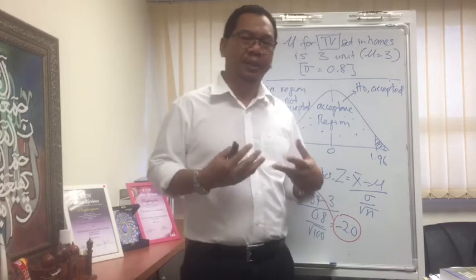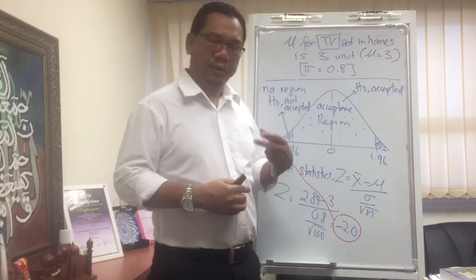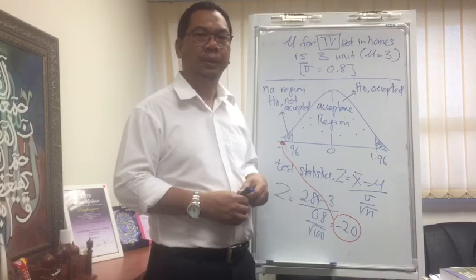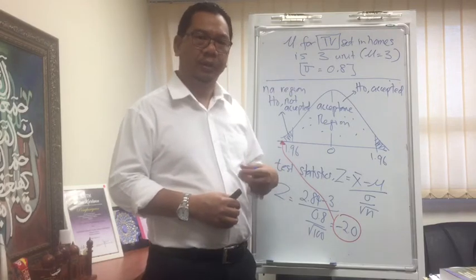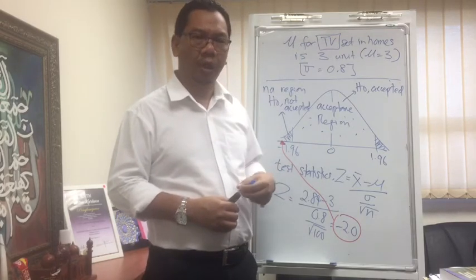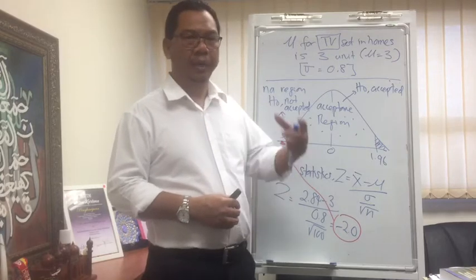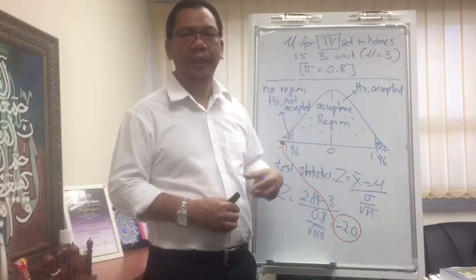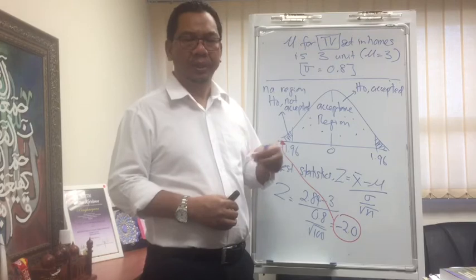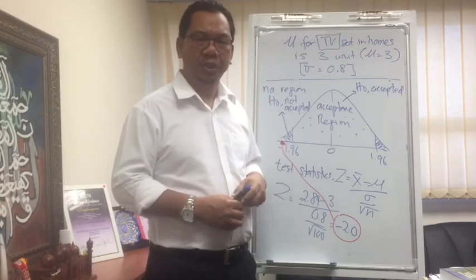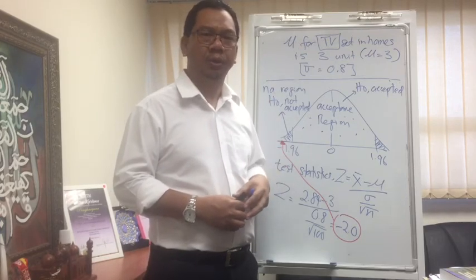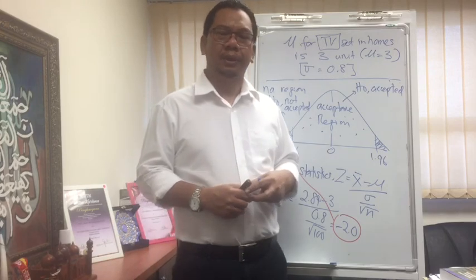So that's all the basic steps in hypothesis testing. Hopefully you can get the basic idea of what a hypothesis is and all the steps that should be taken before we make the final decision and come up with the conclusion. With that, thank you very much.